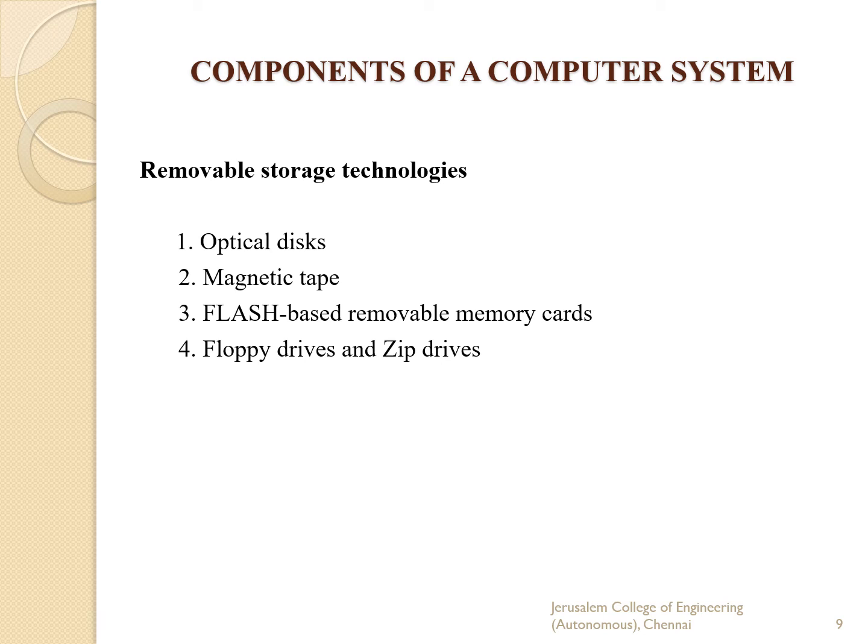Flash-based removable memory cards, typically attached by a USB connection, are often used nowadays. Floppy drives and zip drives are a version of the magnetic disk technology. The floppy disks were the original primary storage for personal PCs.